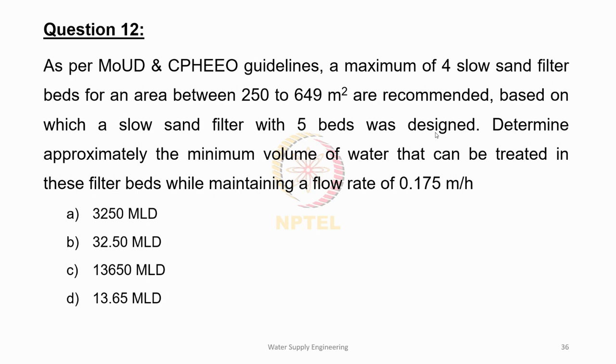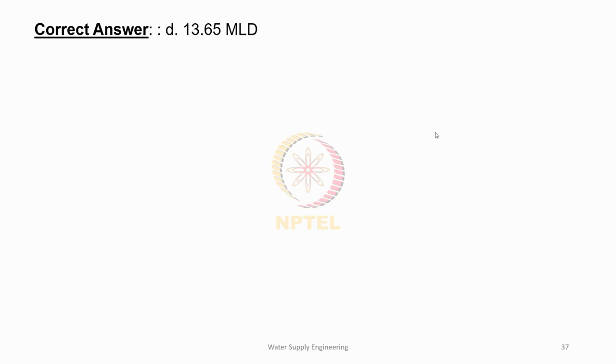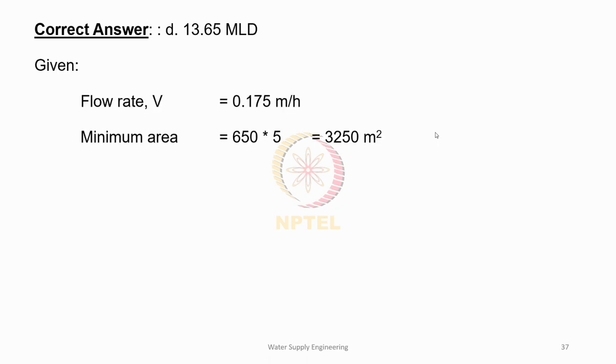Okay, we'll see how to solve the problem. So the correct option is option D, 13.65 mld. So it's given that the flow rate is to be maintained at 0.175 meter per hour, and it is also mentioned that up to 649 meter square minimum four beds should be provided.